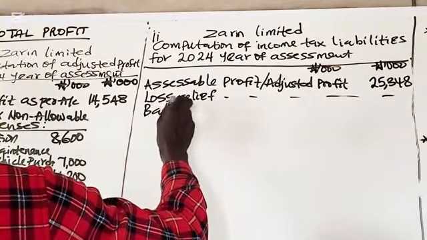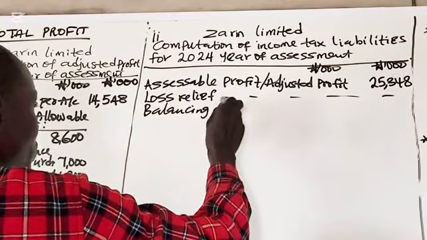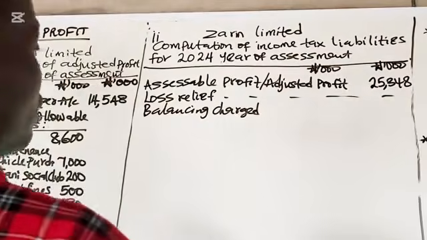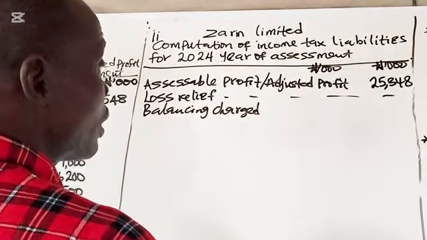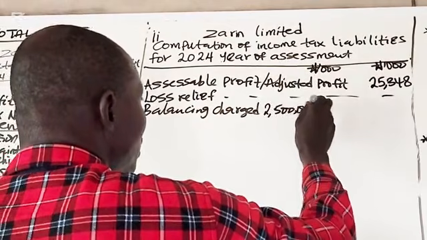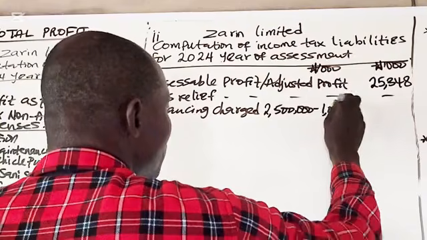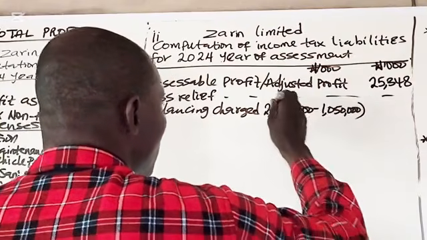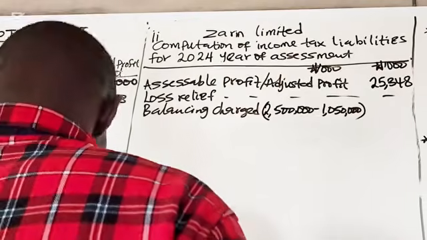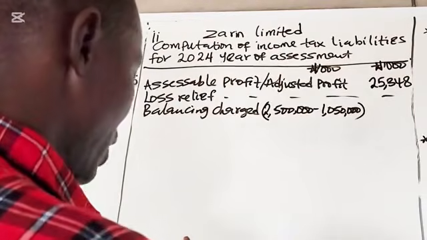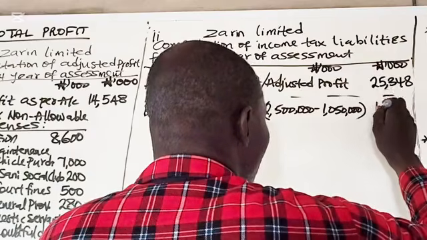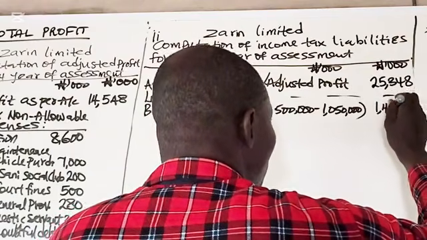So we have balancing charge. You were told a machine with tax written down value of 150,000 was sold for 2.5 million. 2.5 million minus 150,000, then you have a balancing charge of 1,450,000.